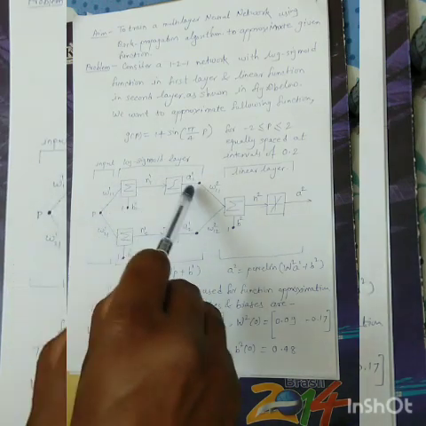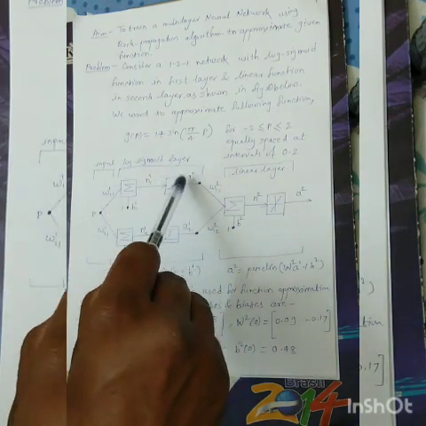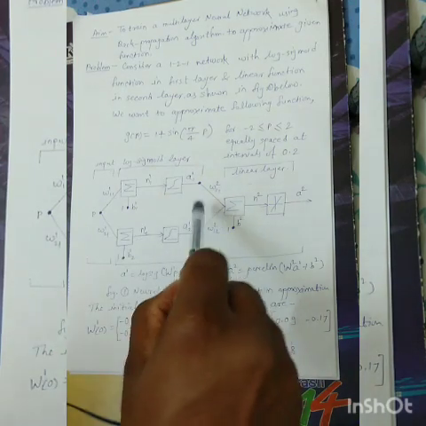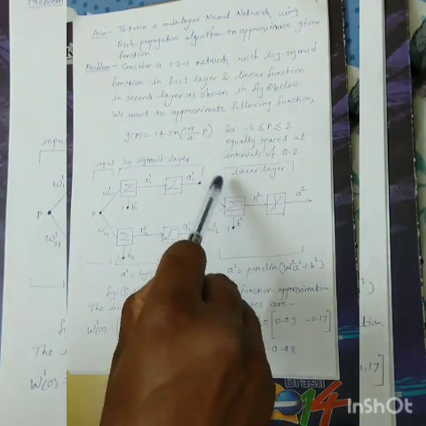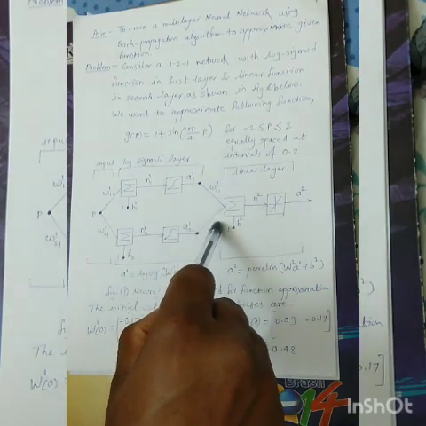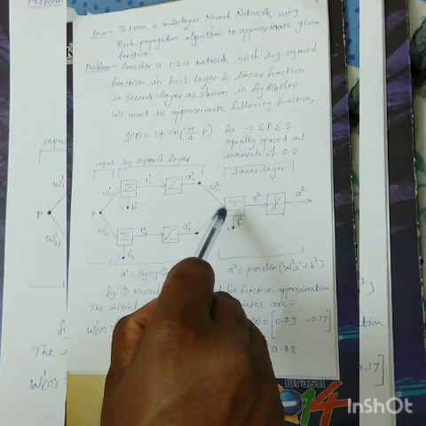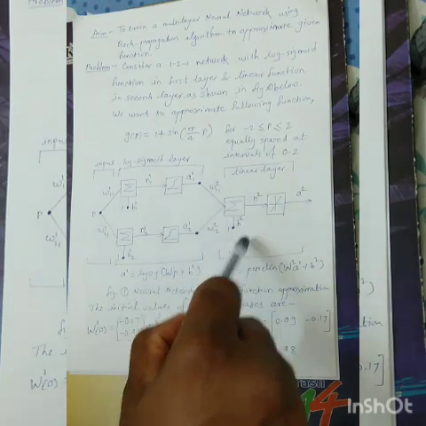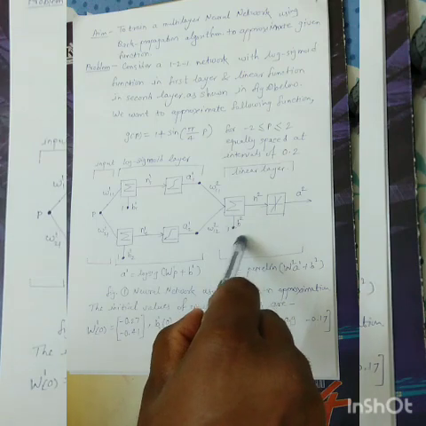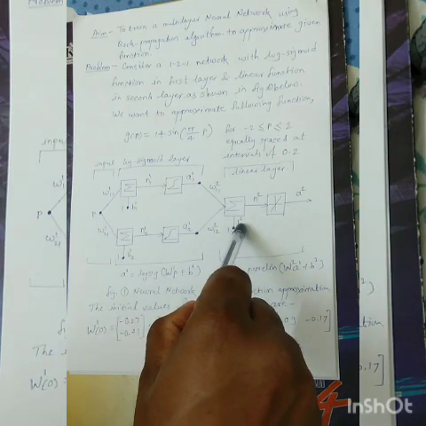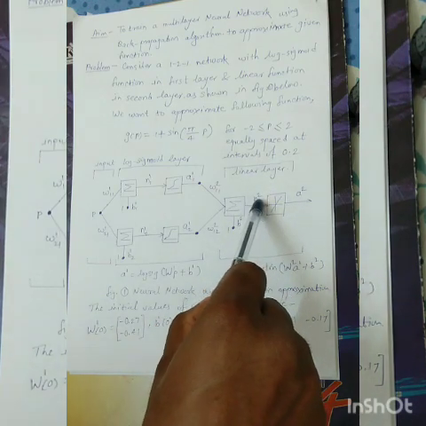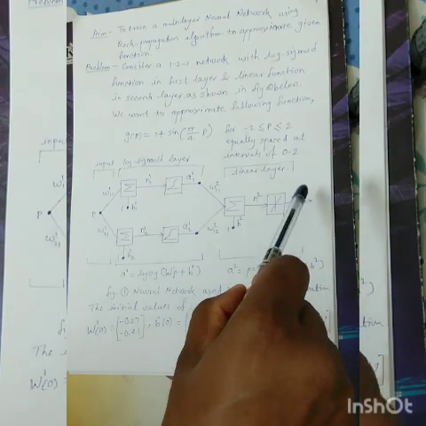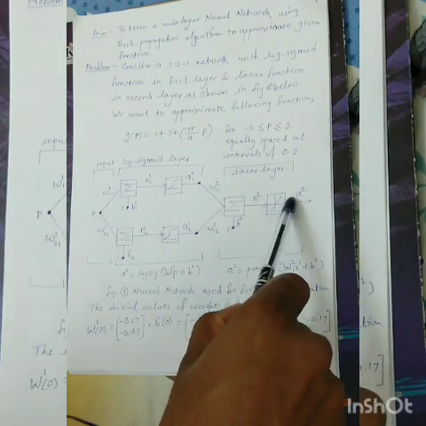That means a^1_1 is the neuron output of the first layer. Similarly, W^2_11 and W^2_12 are the weights connected to the second layer. Similarly, b^2 is the bias, n^2 is the net input, and a^2 is the neuron output of the second layer.